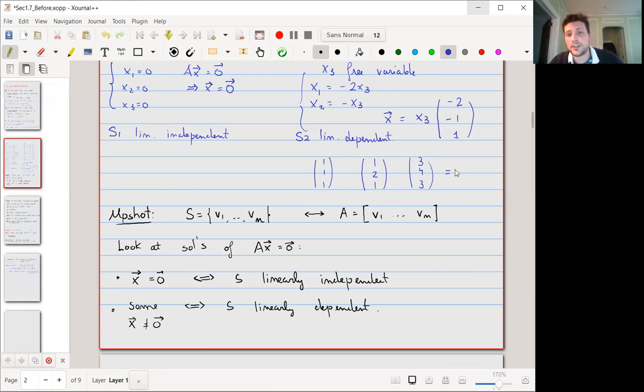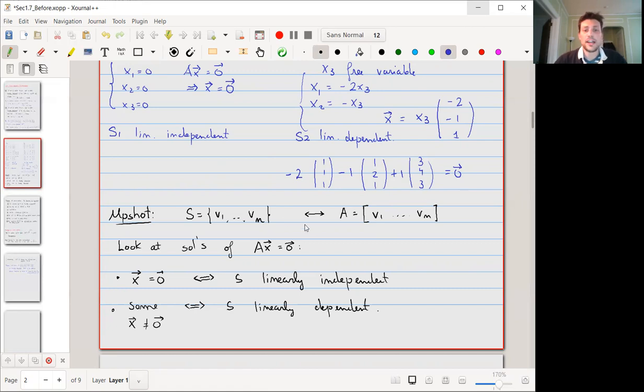I want to write 0 with these, and one possible choice I have is given by my solution. I put in the coefficients given in one of these solutions to the linear system, and if you check this, you'll see that you get exactly the 0 vector on this side. So that gives us the linear dependence.